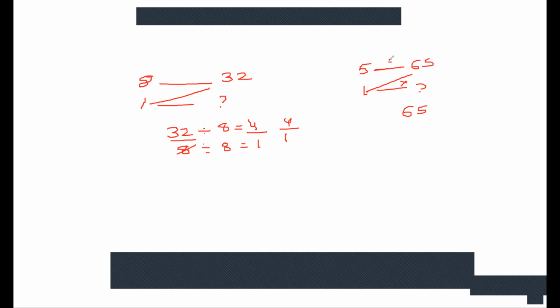And this will be division. 65 over 5. How am I going to divide this? Both of them are divisible by 5. So when I divide 5 and 65, I get 13, and then here I get 1. Did you understand this concept, girls, or no?